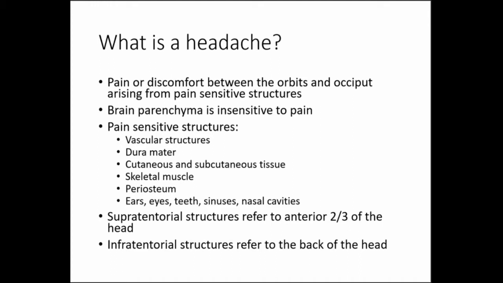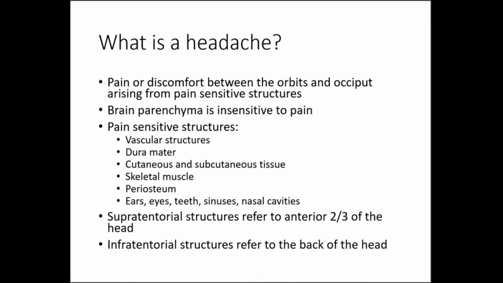It's the structures around it, such as the vascular structures, the dura mater, the cutaneous subcutaneous tissue on the scalp, skeletal muscle on the scalp as well, the periosteum around the bone, the ears, the eyes, teeth, sinuses, and nasal cavities. And as such, diseases arising in these structures can lead to a headache.